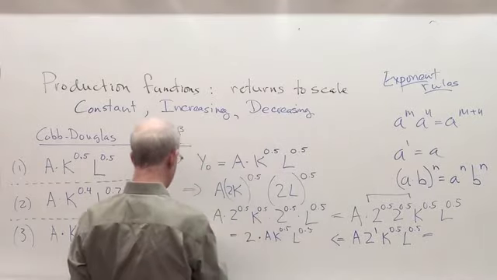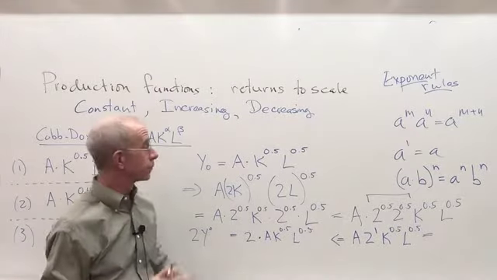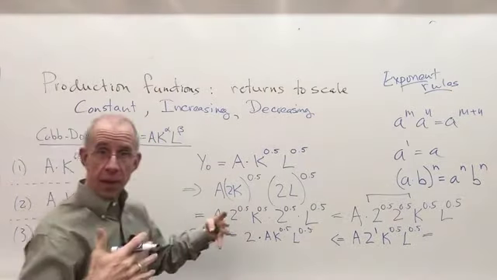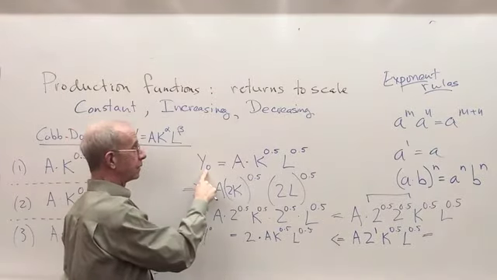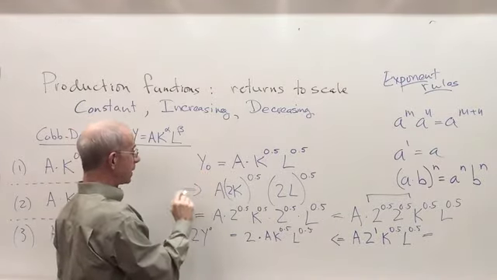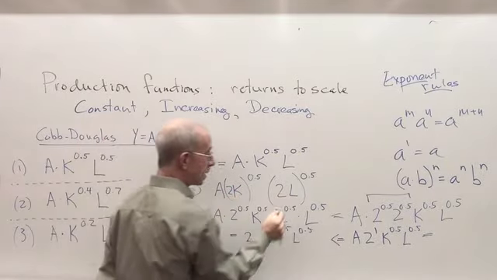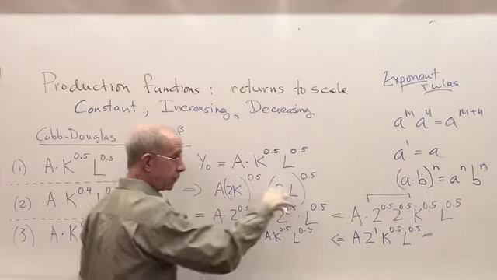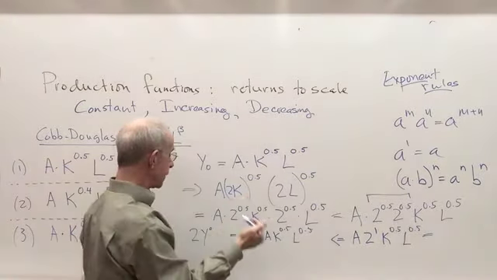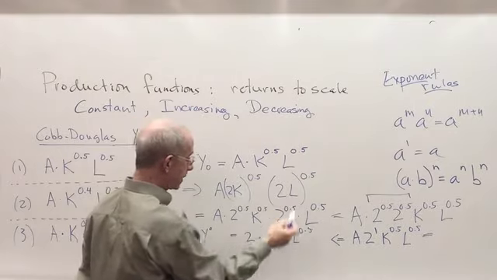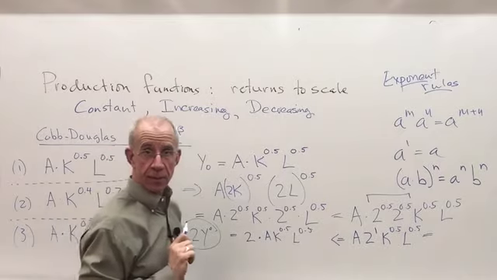In other words, it's twice y0. Now let me back up. y0 is the original amount of output. This next expression is when we double the capital and double the labor. And I go through this series of manipulations to get that if we double both the inputs, we're getting twice the original level of output.